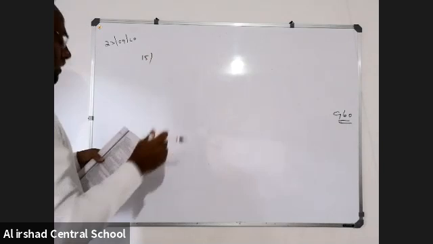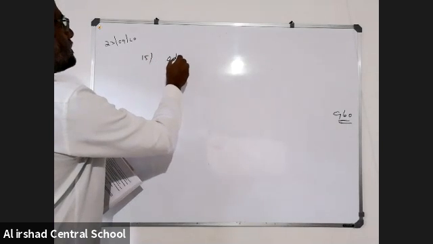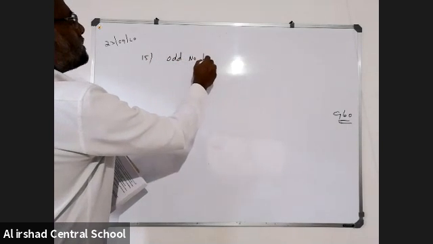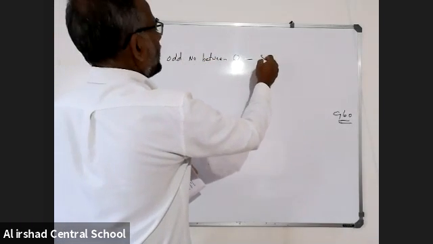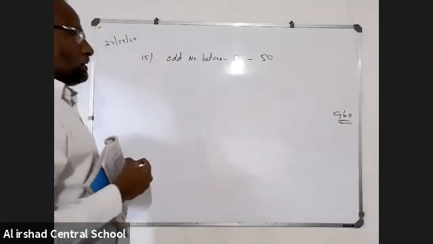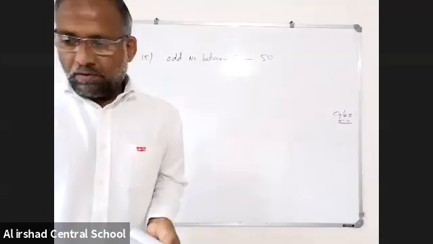Find the sum of all odd numbers between 0 and 50. Between 0 and 50.